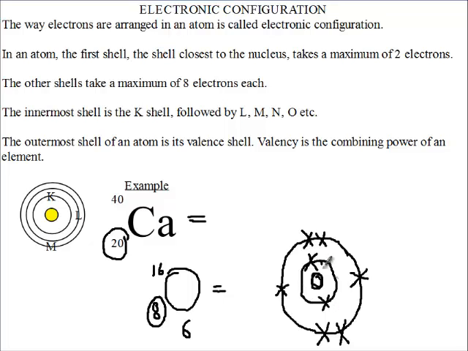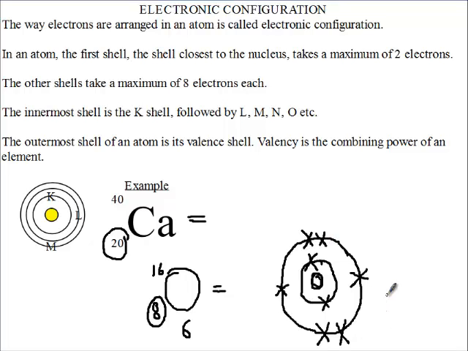So when I count all these electrons I've put here, I'm supposed to get 8. Let me see if I did the right thing. 1, 2, 3, 4, 5, 6, 7, 8. That means this is the drawn form of the electronic configuration of oxygen.